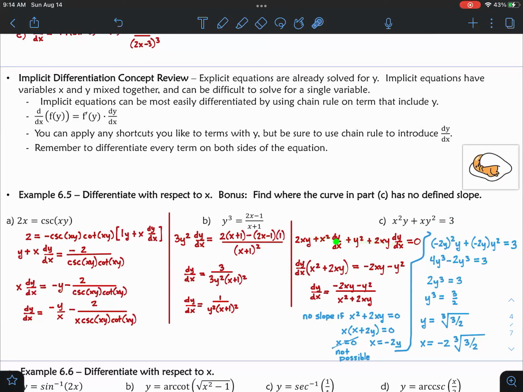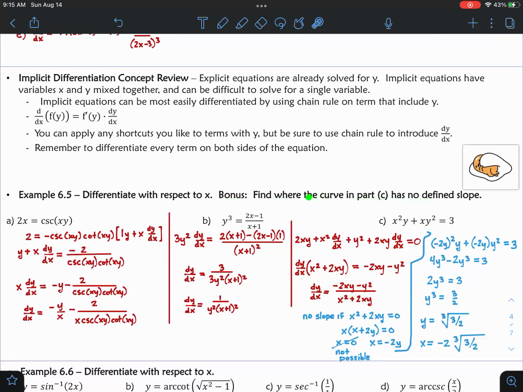Now I have all this stuff set equal to 0. We want to get dy/dx by itself. It lives in two different terms. Collect those terms on the left. Anything that does not have a dy/dx, move it over to the right side. I've combined a couple of steps here. The remaining terms on the left that had dy/dx, I factor out the dy/dx, and I can easily divide to get an answer there.